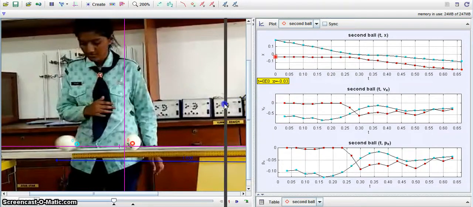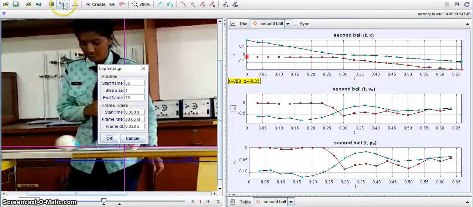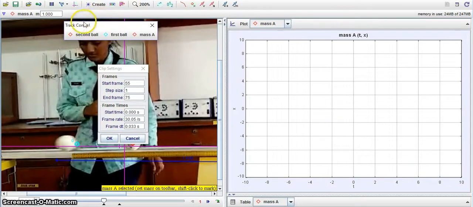Okay, now let's look at the graph. Let's see the graph of velocity at the direction of x. So the red graph is referring to the second ball, right?